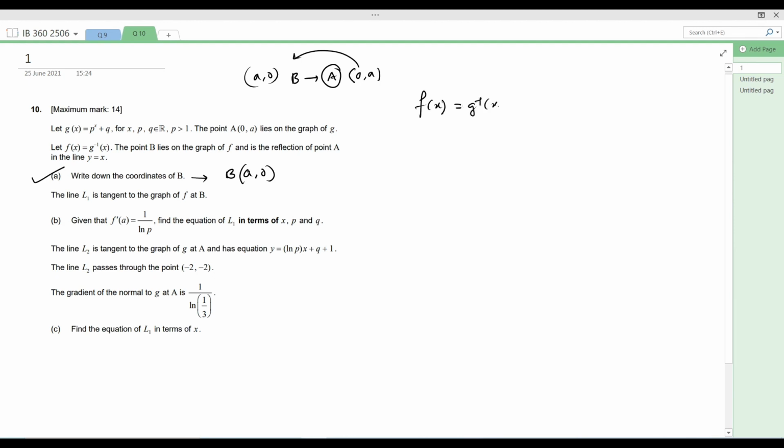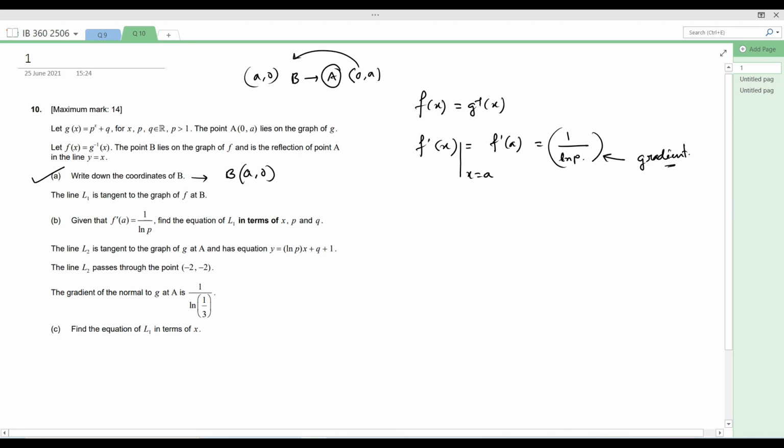It is given that f dash at x equals a, that is at B, is 1 by ln p. It is already given, so this particular thing is the gradient.